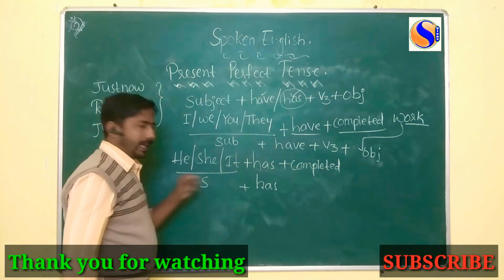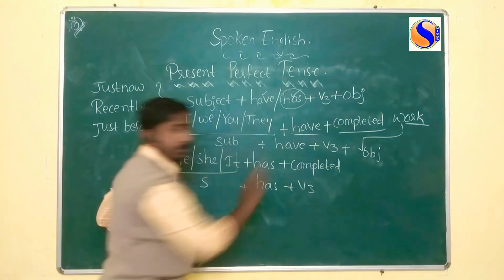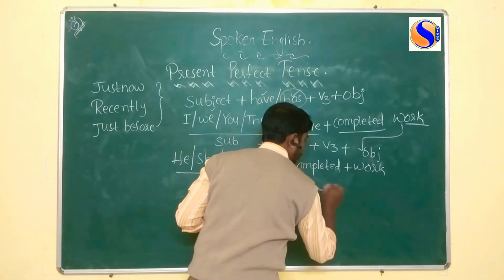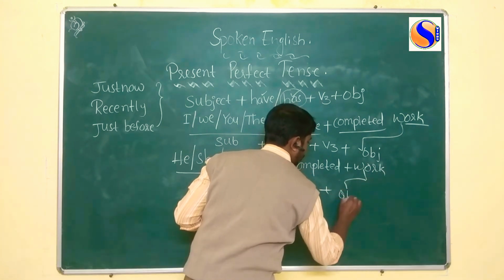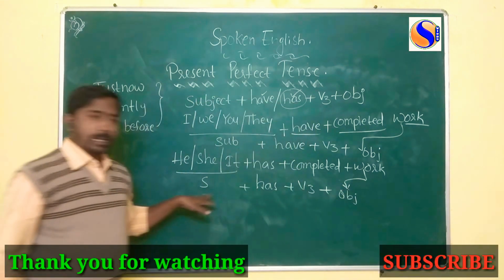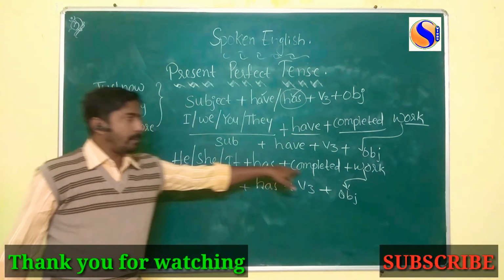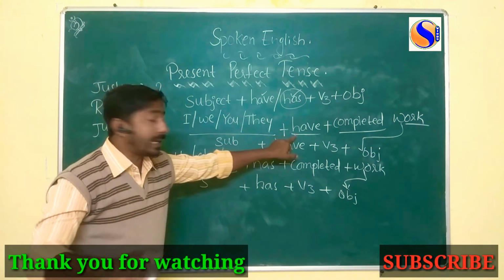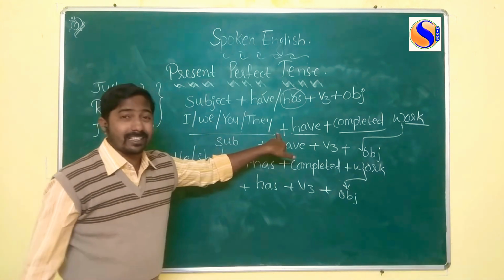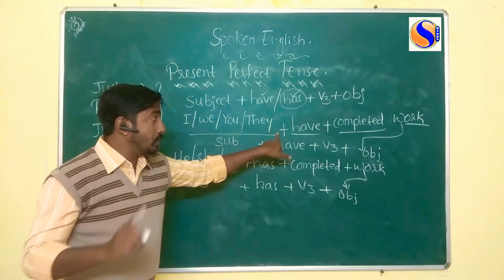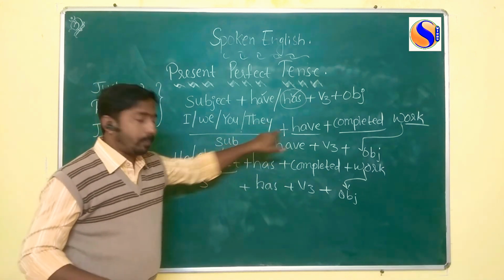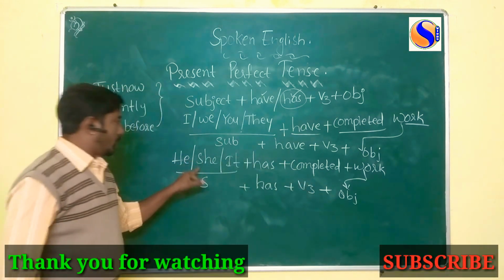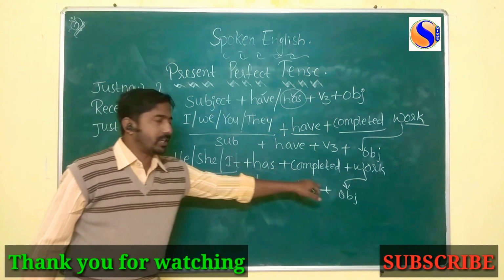Work as an object. He has completed work, but he have completed work is wrong. That's why have is used for only these persons. We should not use has for here, have for here. He has completed work, she has completed work, it has completed work.